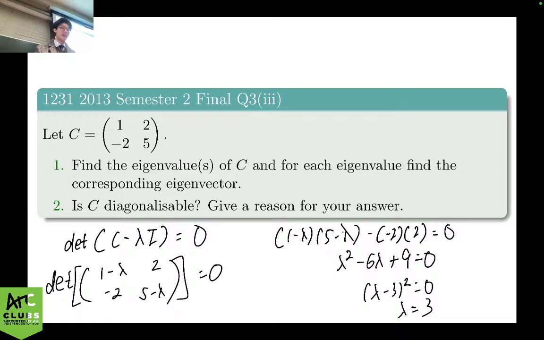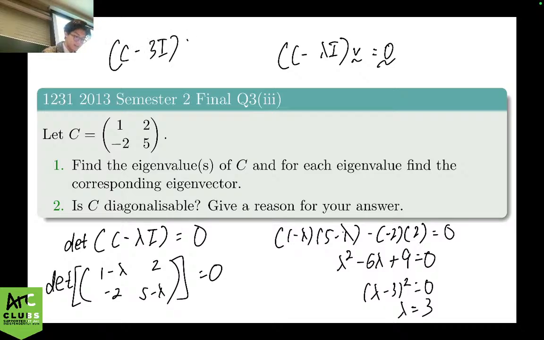So there is one single eigenvalue for C. In terms of finding the corresponding eigenvector for this eigenvalue, we have C minus lambda I times our eigenvector V, and when we do the matrix multiplication, this has to produce the 0 matrix. So we substitute our value of lambda: C minus 3 times the identity matrix, times V, produces the 0 matrix.